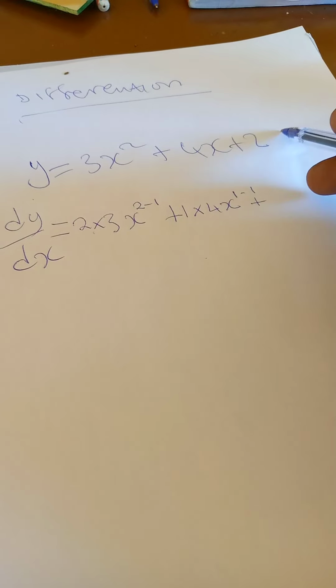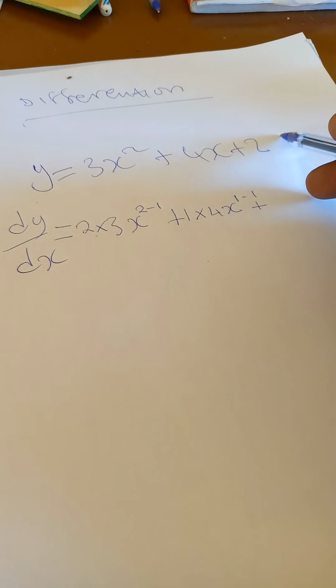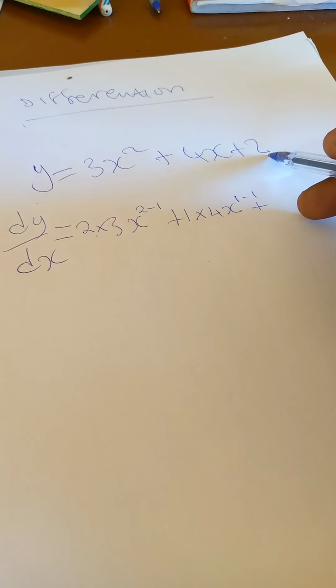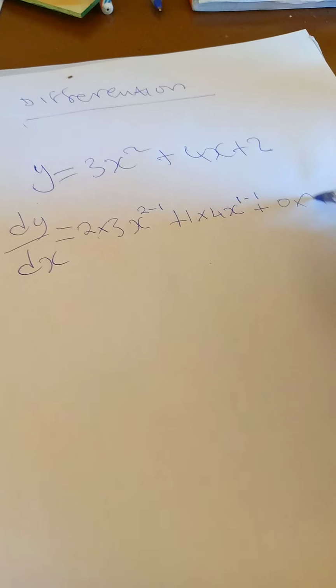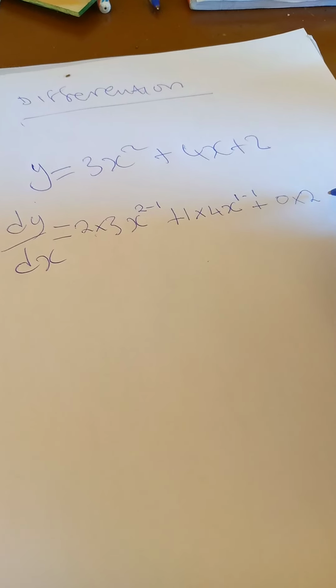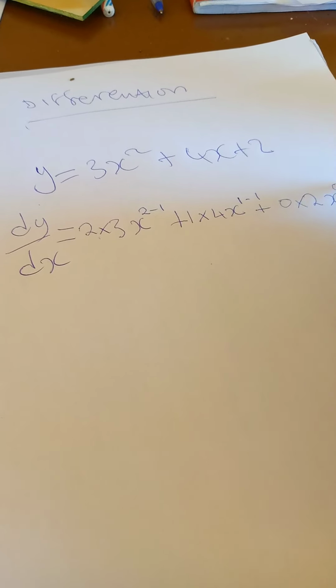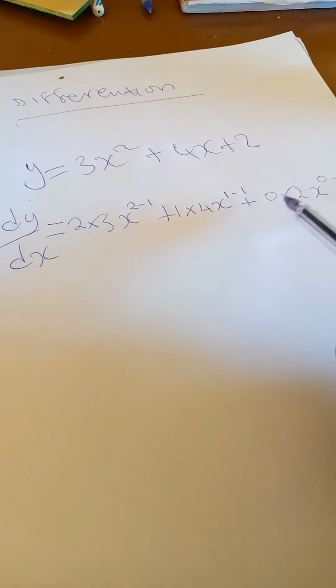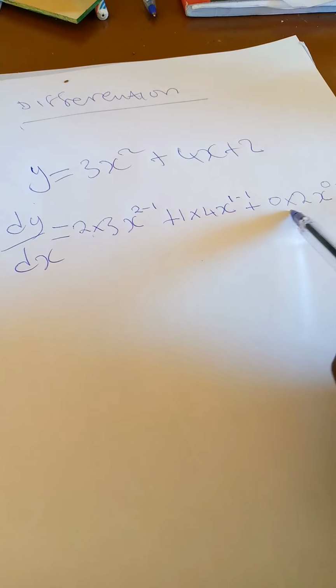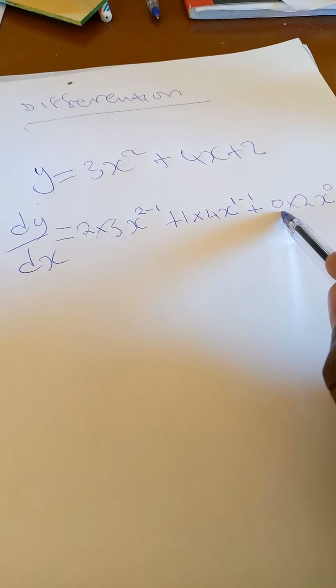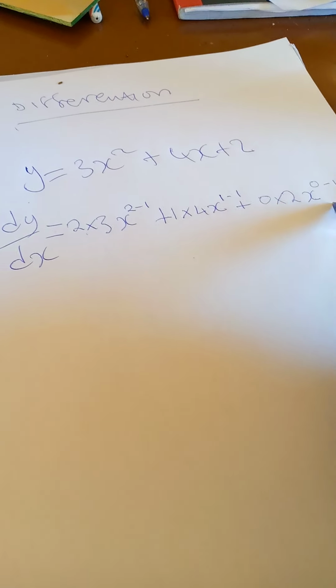So I times this 0, and even if I take a 1 from this power of 0, anything times 0 in mathematics is always 0.